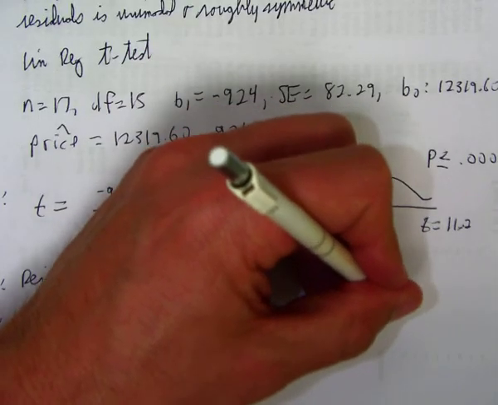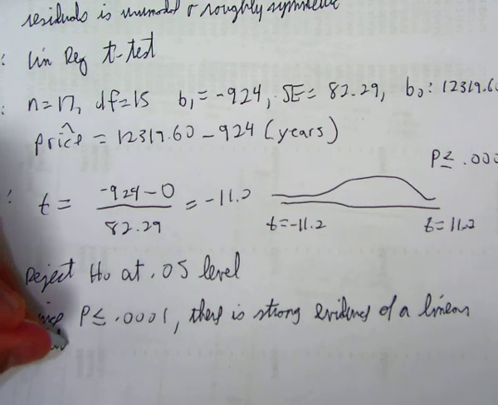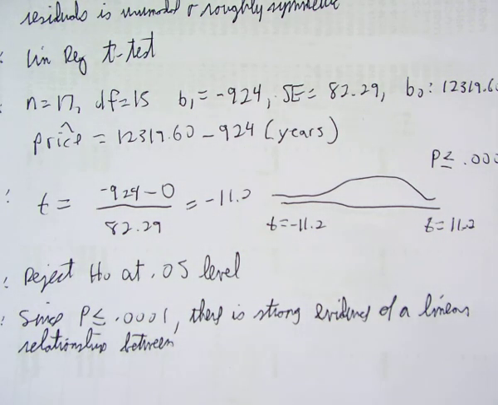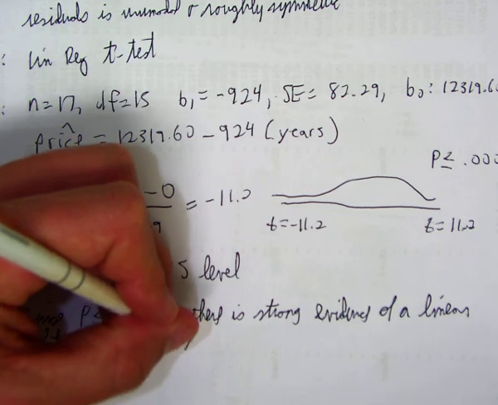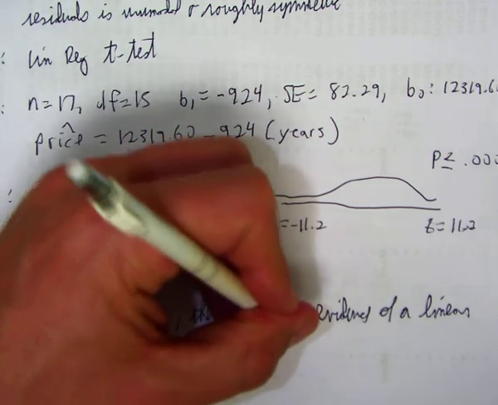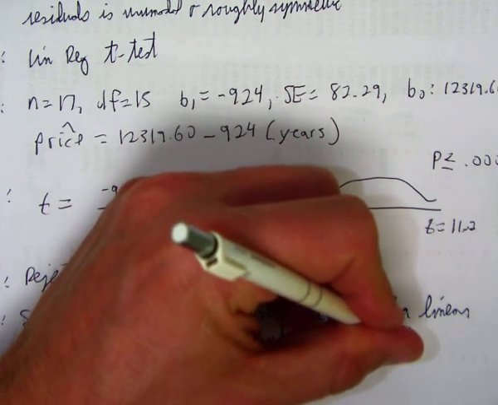of a linear relationship between the price and age of a Toyota Corolla.